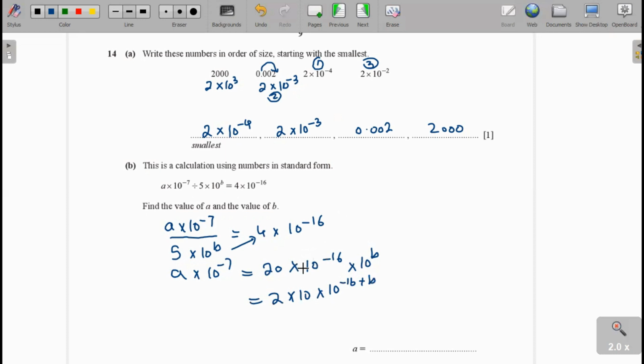When two values are multiplied having the same base value, we add the index values, minus 16 plus b. Here is A multiply 10 power minus 7, and this is 2 into 10 power minus 16 plus 1, minus 15 plus b, and this value is 10 power minus 7 into 8.